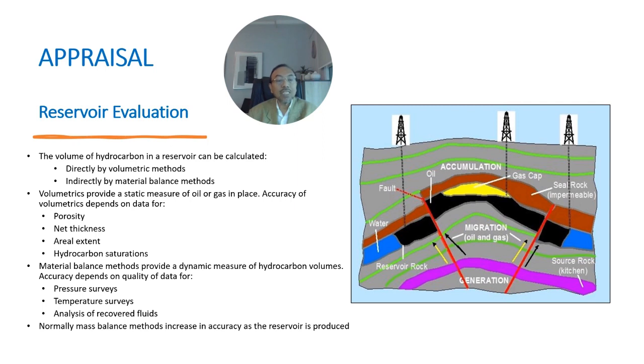Material balance methods provide a dynamic measure of hydrocarbon volumes. Accuracy depends on quality of data for pressure surveys, temperature surveys, and analysis of recovered fluids. Normally, material balance methods increase in accuracy as the reservoir is produced.